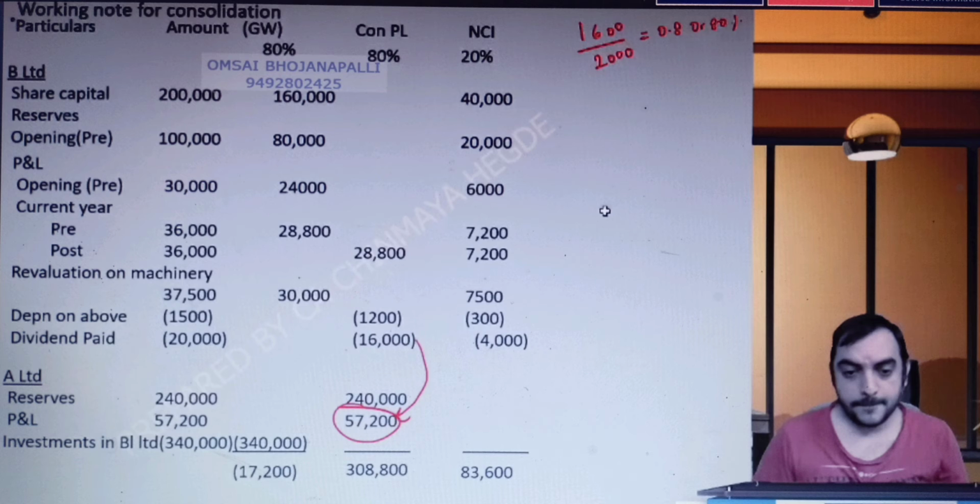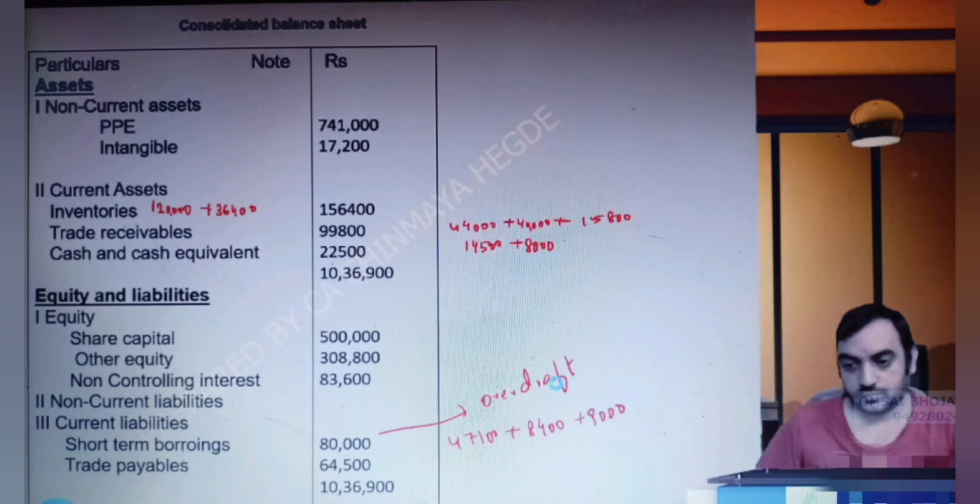Whatever the P&L balance, first step, whatever dividend paid is added back, and then you subtract the opening balance to get the current year. Opening balance given 30,000, balancing figure 2,000 for the current year, and this will be divided in the ratio of the months. This is a December ending company and acquisition took place on 1st of July. Therefore, divide on the basis of 6 months, 6 months. So you get 36,000, 36,000.